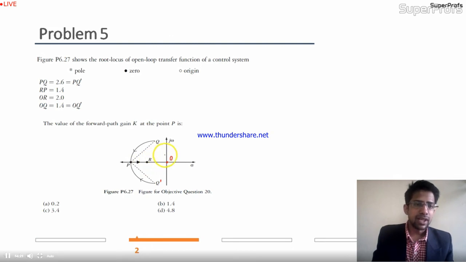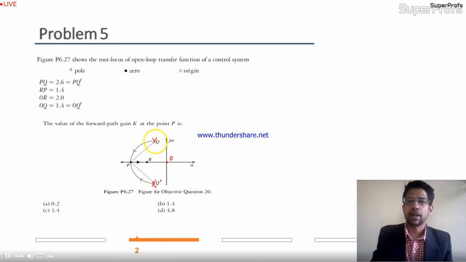So basically you can see the root locus is traveling from points Q and Q dash. So we can assume that there is a pole here and a pole here. If there is a pole here, there must be a pole here.